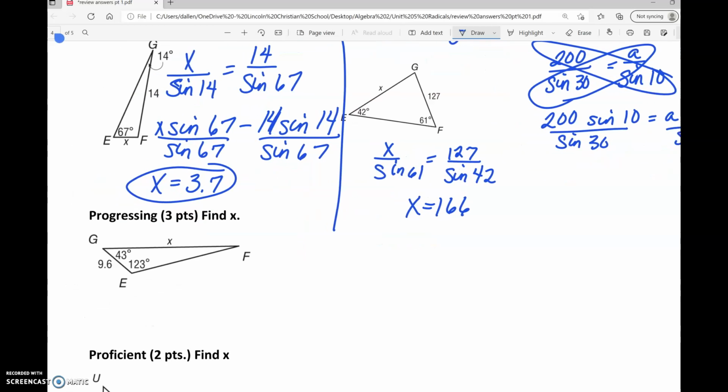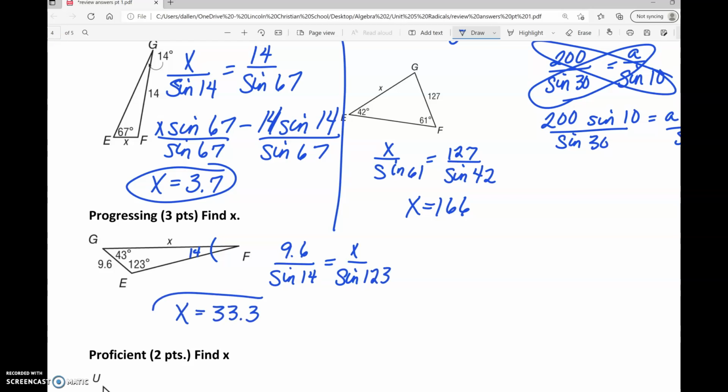Here I'm going to need to find this angle by taking 43 and 123, which is 166, and subtracting that from 180. So that gives this 114. And then the same thing after that: 9.6 over sine 14 equals x over sine 123, and you should get x equals 33.3.